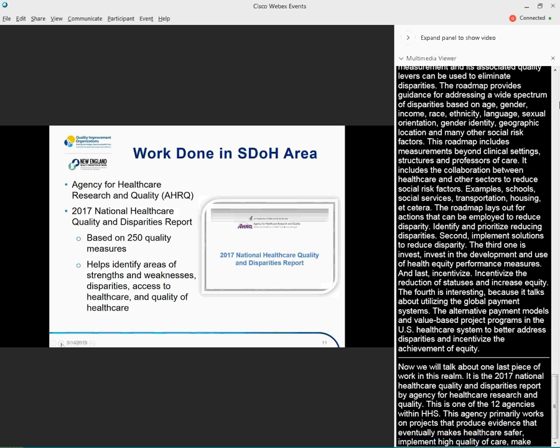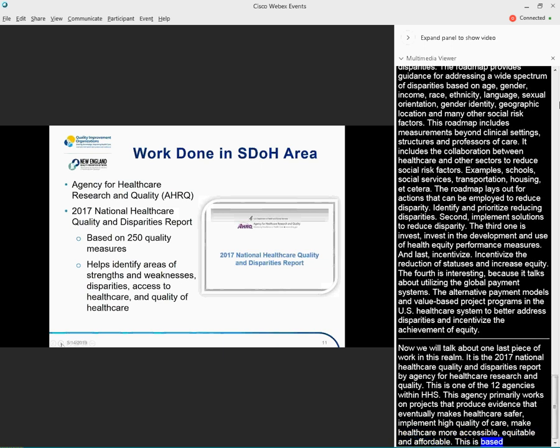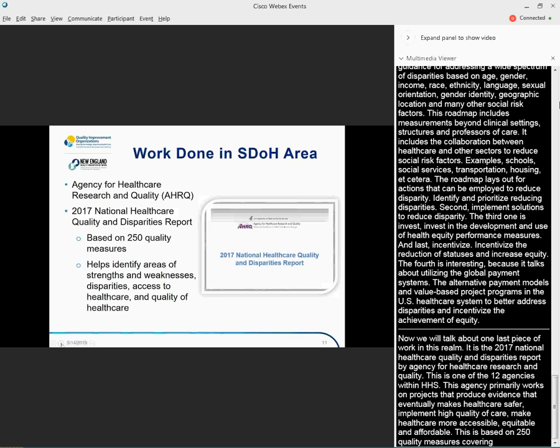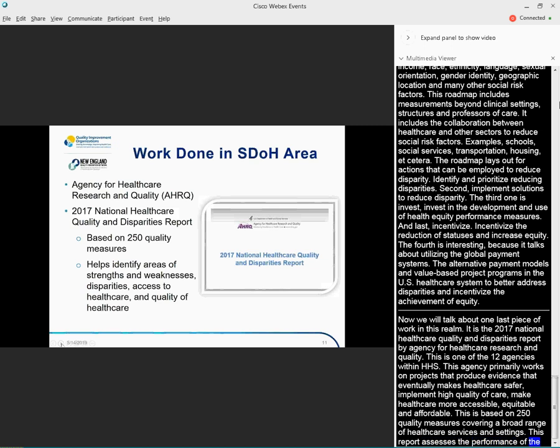This report is based on more than 250 measures of quality and disparities covering a broad array of healthcare services and settings. This report assesses the performance of a healthcare system and identifies areas of strengths, weaknesses, as well as disparities in access to healthcare and quality of healthcare.